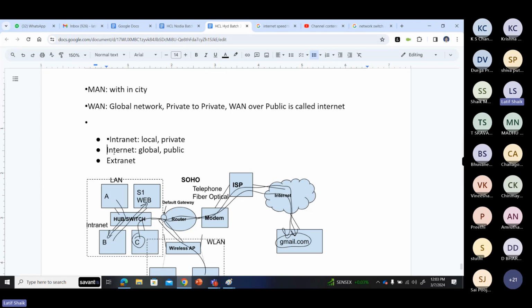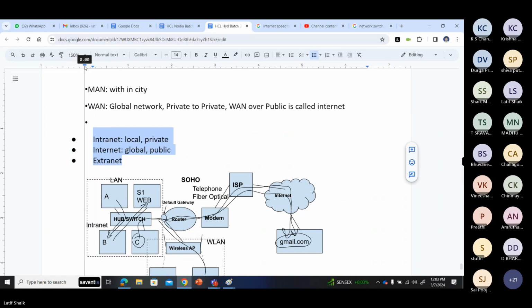Intranet is like a LAN, a local or private network.